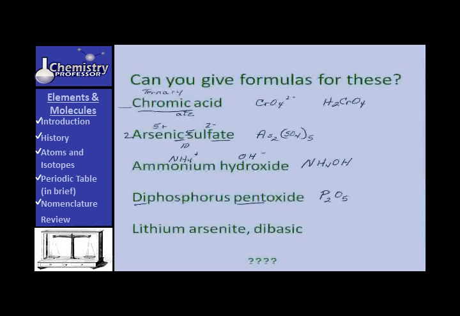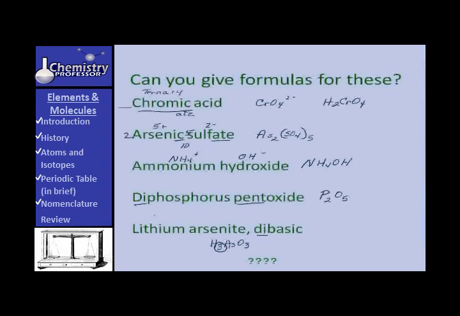Now let's look at this last one, lithium arsenite dibasic. We often save the best for last. Lithium arsenite. That must be a salt that is coming from an acid, a triprotic acid, arsenous acid. Almost misspoke myself there. Arsenous acid. Now it's dibasic. And being dibasic, it tells us that 2 of these hydrogens right here have been replaced.